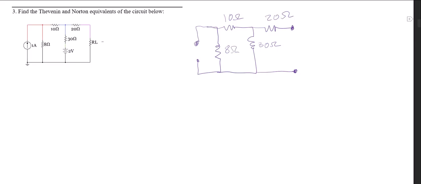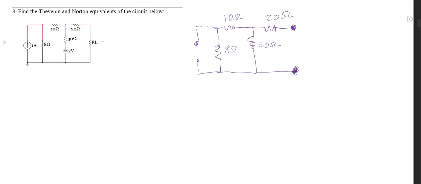So the only tricky part is deciding. You think it's easy to decide, and it suddenly gets harder to figure out if things are in parallel or in series, because you have to see how they are from the point of view of your Thevenin load that you have right here.